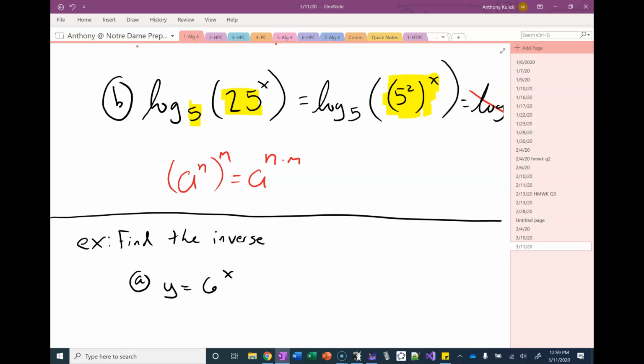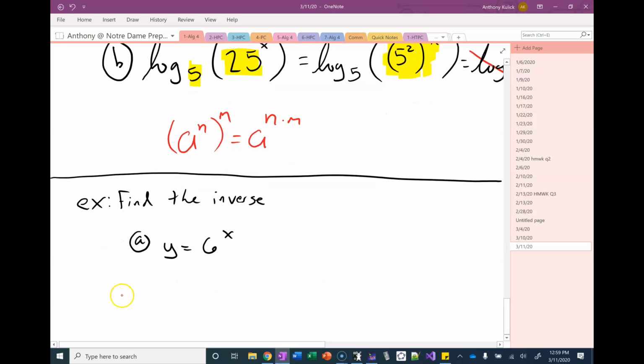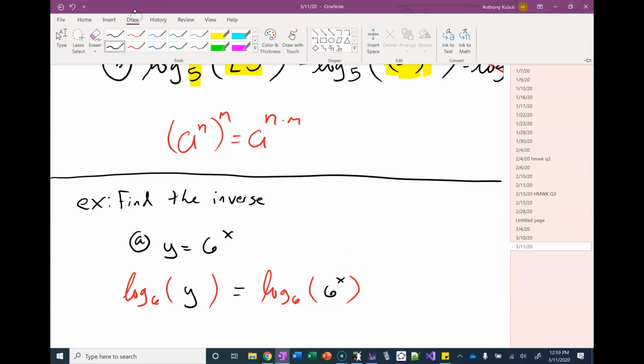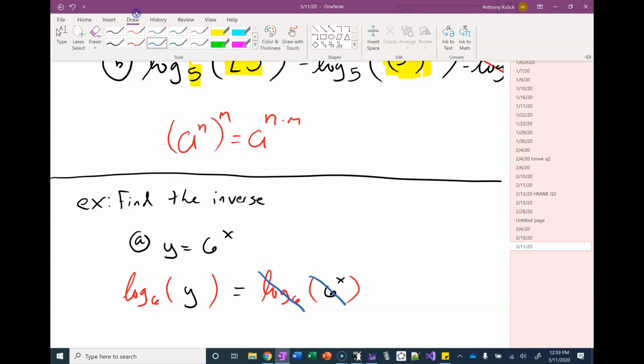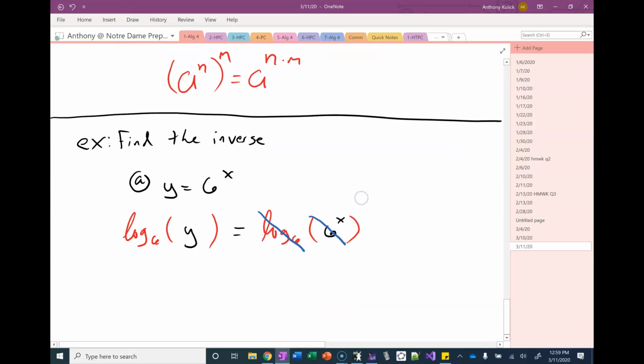Right? So we need the logarithm whose base matches the exponential base. So to both sides of my equation, I'm going to do log base 6, because we know that log base 6 will cancel with exponent base 6, leaving me with just x on the right-hand side.